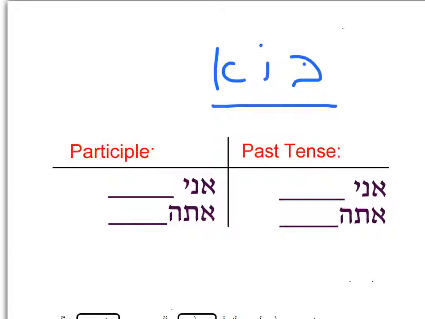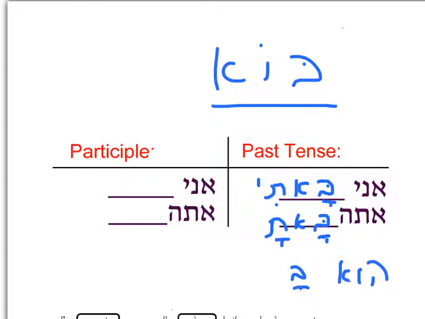It's important to note that when I'm dealing with past tense, I usually see a suffix. So ani becomes ani ba ti. Ata becomes ata ba ta. It's only who that is ba. But when I'm dealing with a participle, ani, ata, and who are all conjugated as ba.